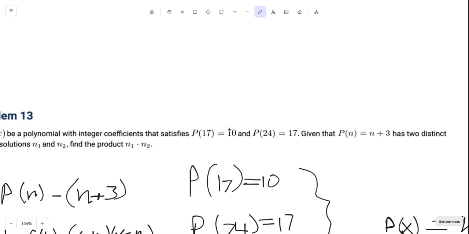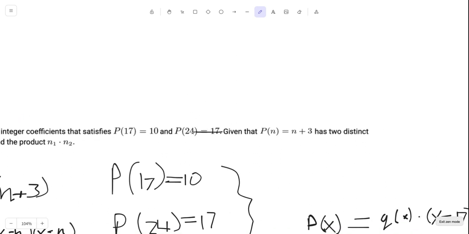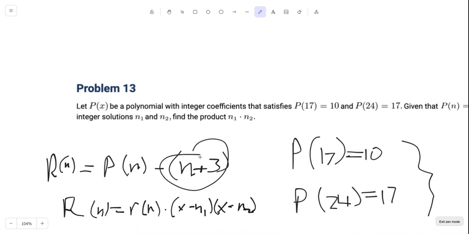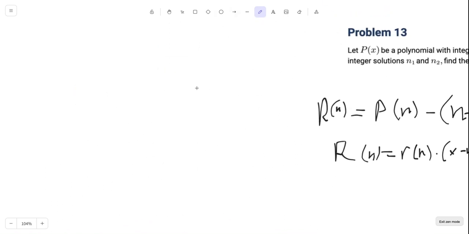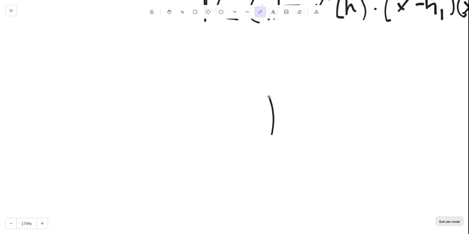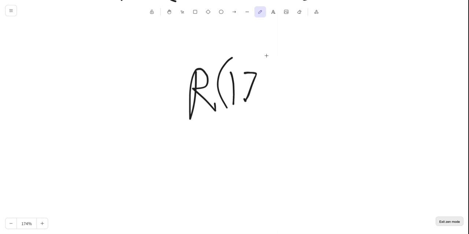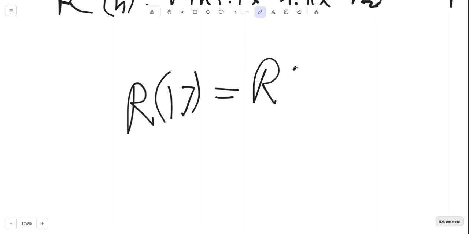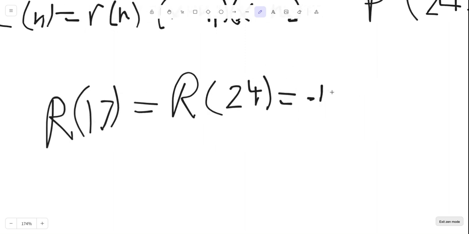So we get negative 10, and then we're subtracting 3 more than 24. We also get negative 10. So we have the fact that r of 17 equals r of 24 equals negative 10.